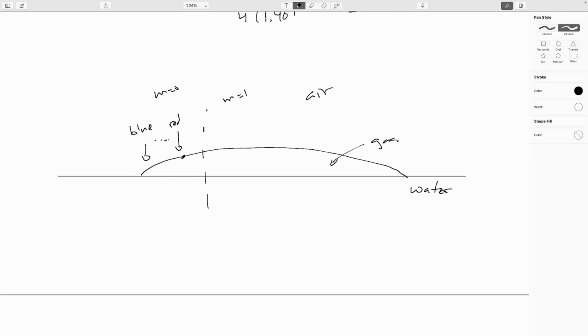But the fact that you're seeing these varying colors, and they might even be repeating, is showing you that it's a very thin layer of gasoline on top, but you can also see that it's piling up in the middle. It's thicker in the middle than it is on the edges, which is why you get the different colors.